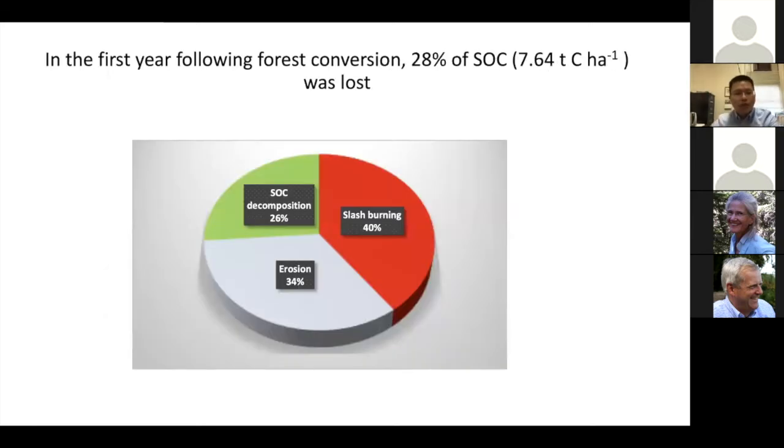So in summary, I found that in the first year of the forest conversion, 28% of SOC was lost from the 3 pathways, and the slash burning contributed the most of the SOC loss.